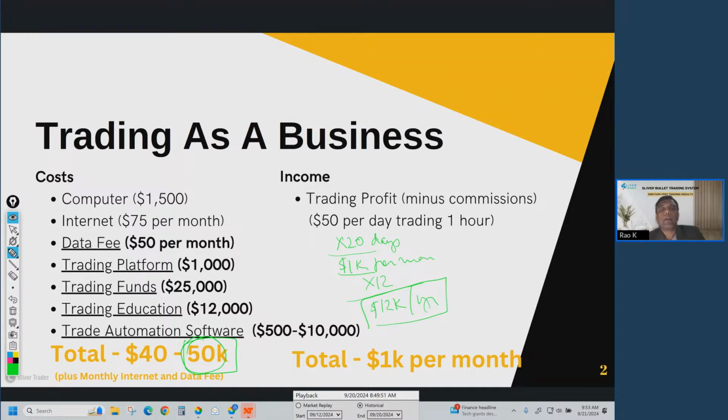Now, this 12K is about 25% of 50K. Nothing is guaranteed. Even banks go bankrupt. In the financial market, definitely there is a risk, so there is no guarantee here.